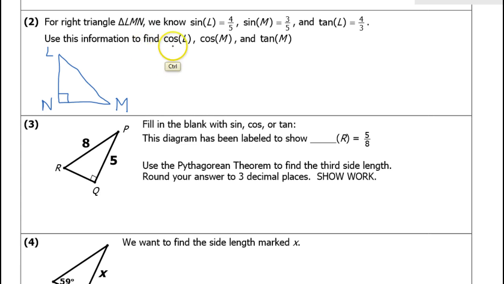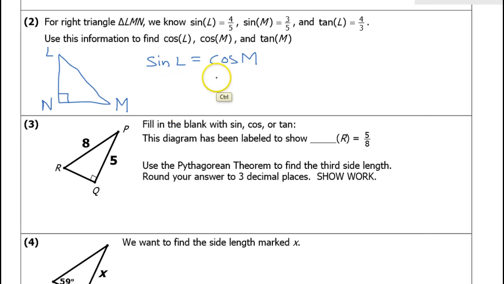So we have learned that the sine of one angle, one of the acute angles, I'm not talking about angle N, L and M, the sine of one of those angles should always equal the cosine of the other angle. Okay, so the sine of L should equal the cosine of M, for example.